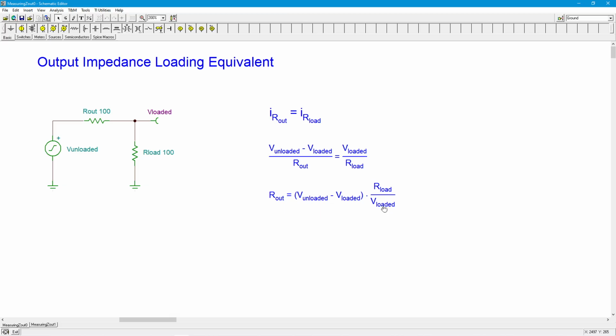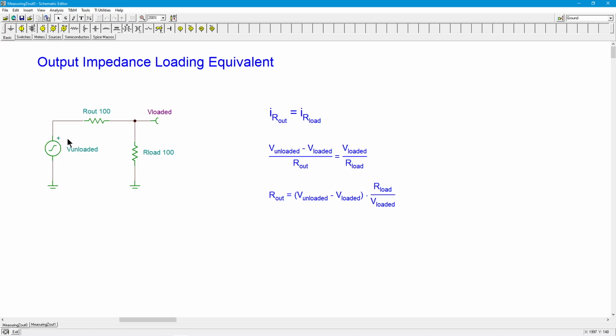So you can go into the lab and very easily determine V unloaded by just having an infinite load out here. Or more practically speaking, you can throw in a 1 meg or 10 meg ohm resistor, something like that. Measure the voltage across it with an oscilloscope.